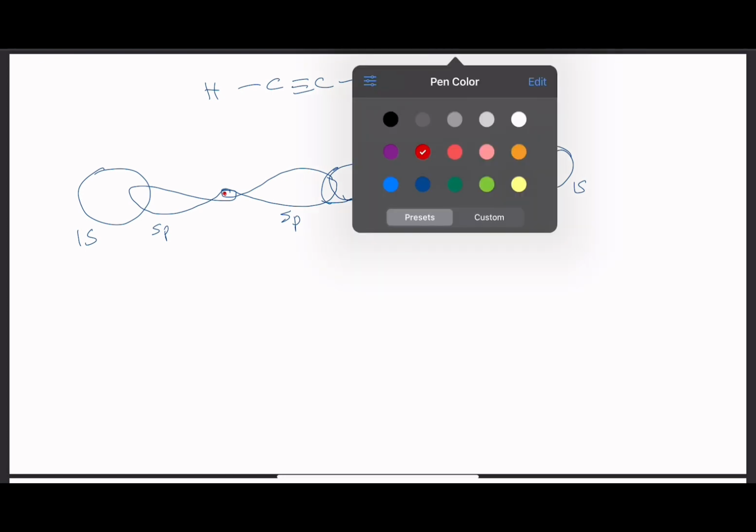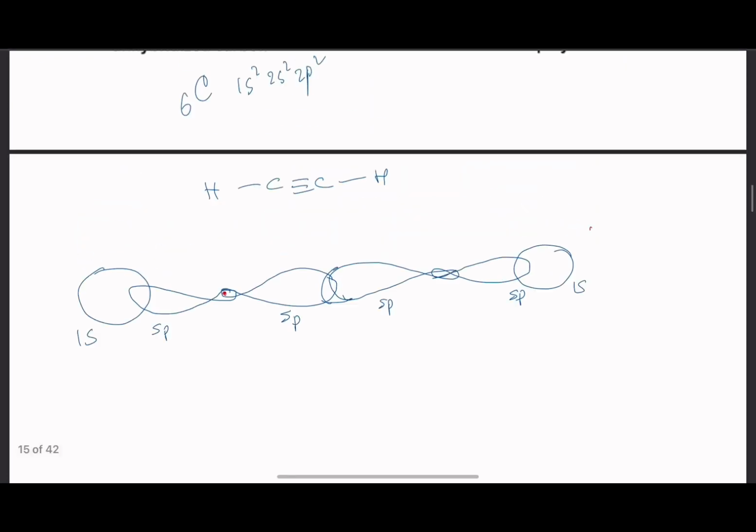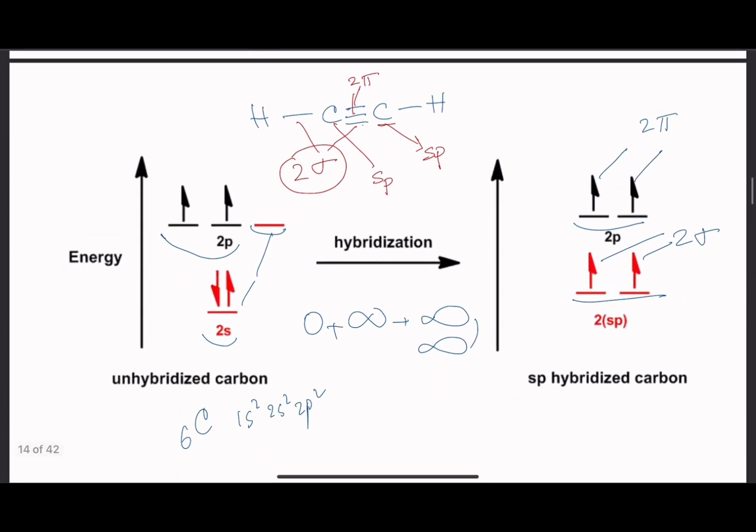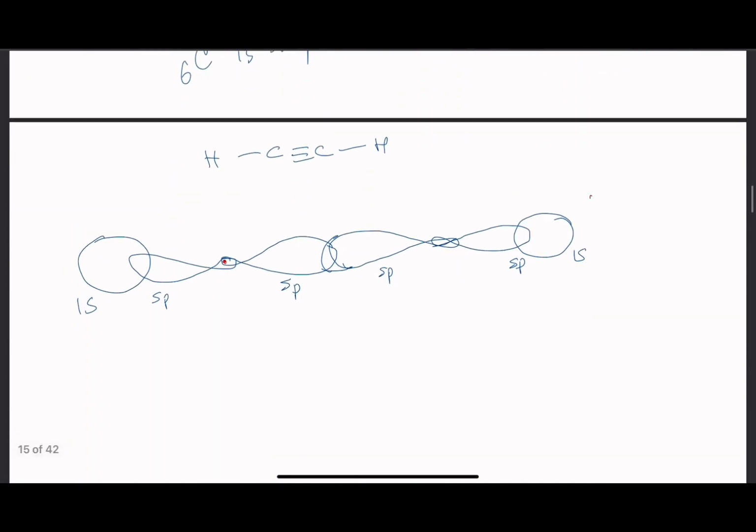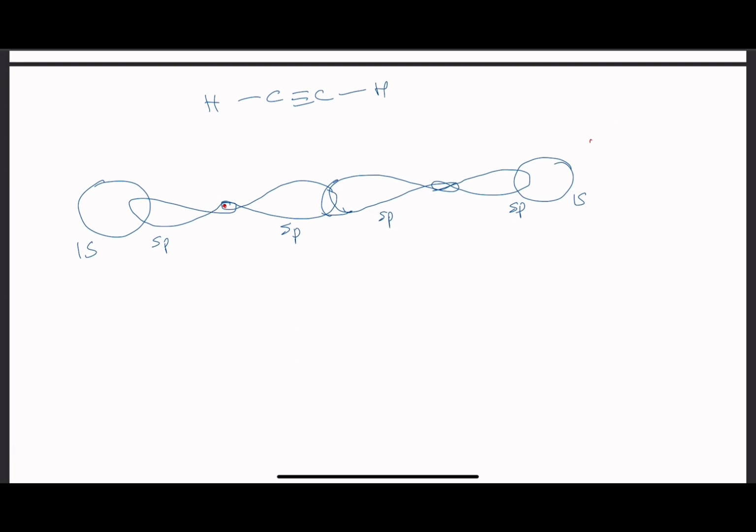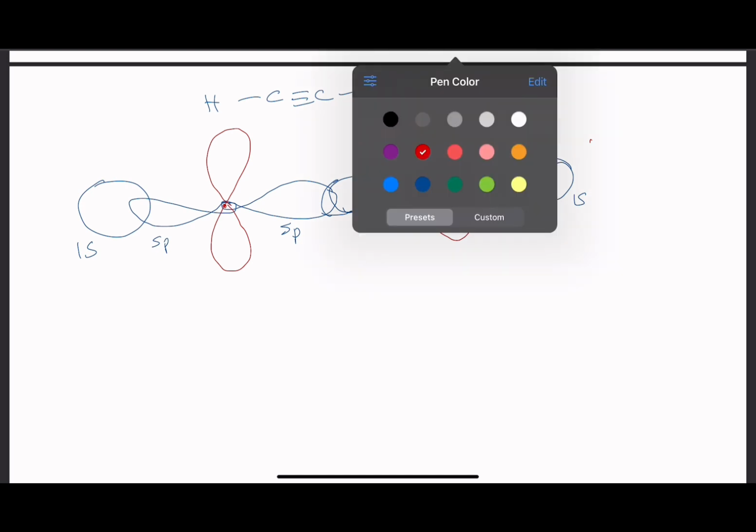And then I have 2 p orbitals. You see here I got 2 of them, so I'm gonna draw each one of them. So I'm gonna go with the red one. So this is one of them, okay, and this is the other one. And then I'm gonna show you one more.